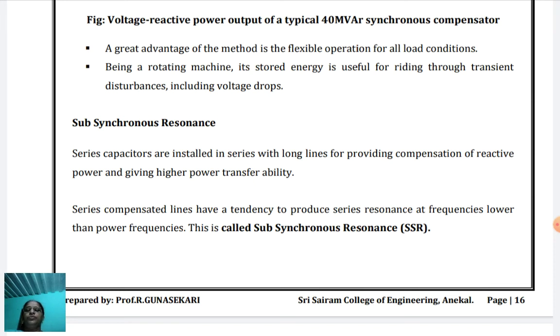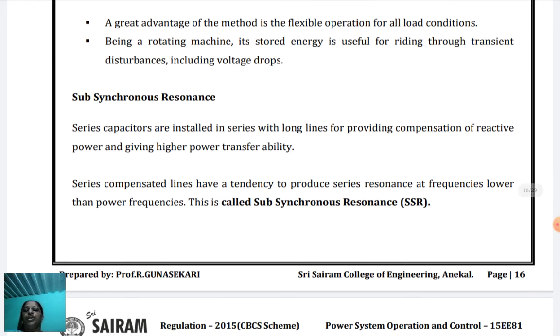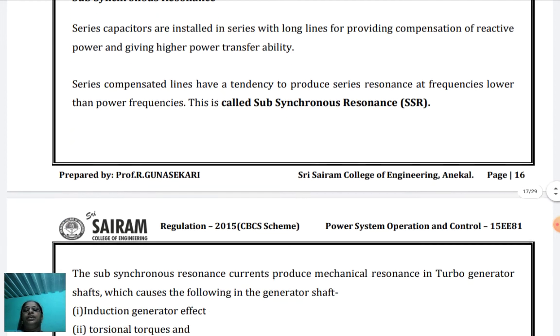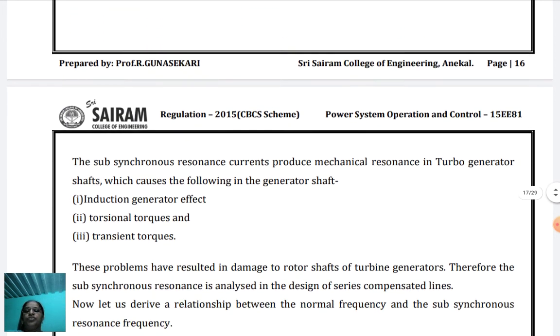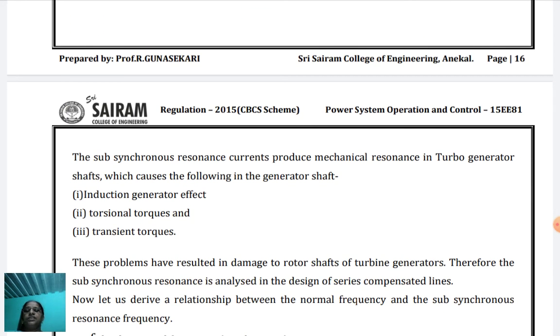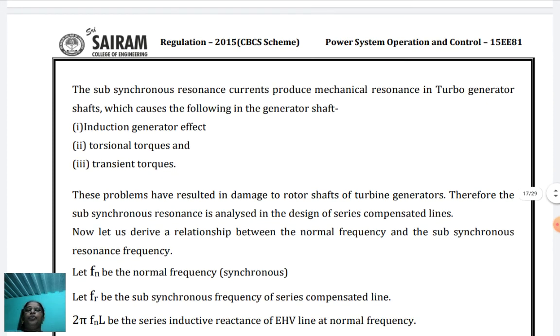So what is the use? The series capacitors are installed in series with the long line for providing the compensation of reactive power to give higher power transfer ability. The sub-synchronous resonance current produces mechanical resonance in the turbo generator, the high speed generator.